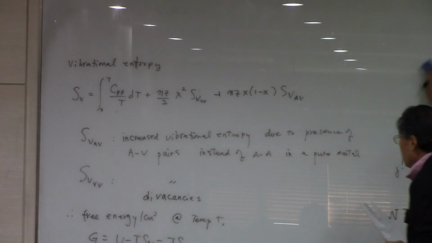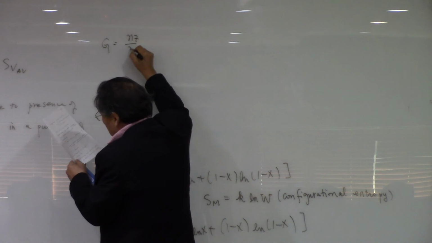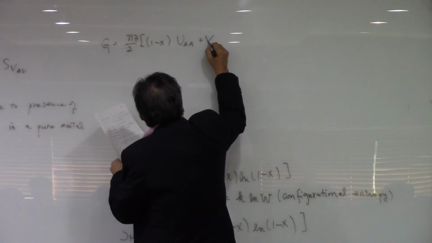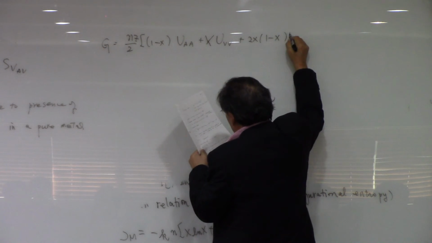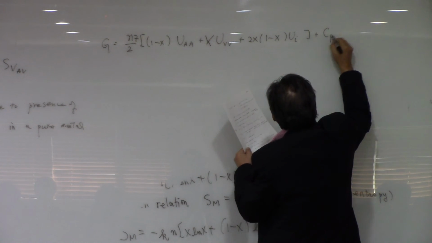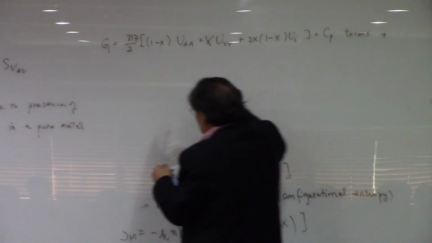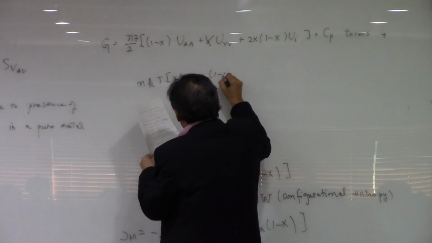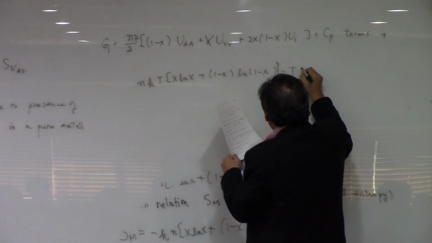And that is now NZ over 2 times (1 minus x) UAA, x UVV, (1 minus x) x UI plus CP terms plus NkT (x ln x plus (1 minus x) ln (1 minus x)) minus T S free terms.